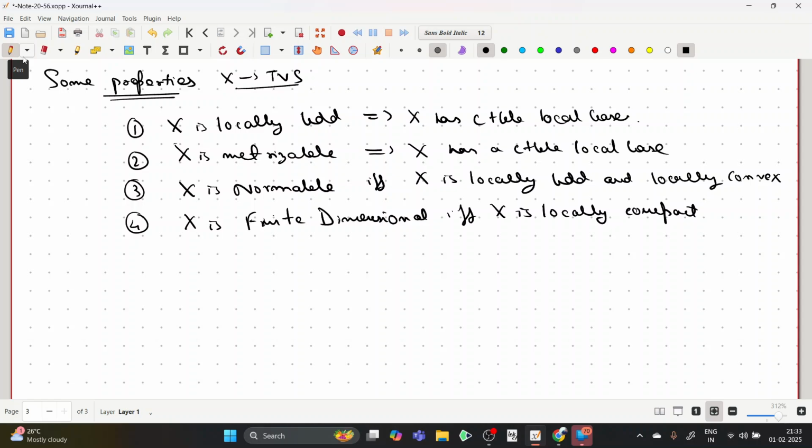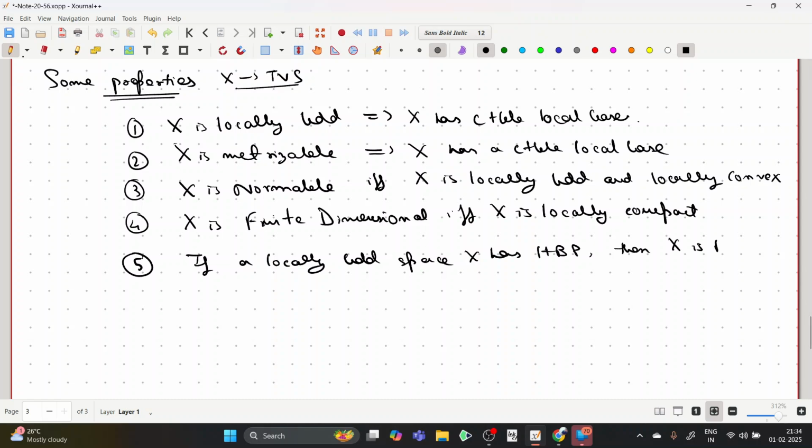Okay, fine. And the last important point is that if a locally bounded space X has the Heine-Borel property, then X is finite dimensional.